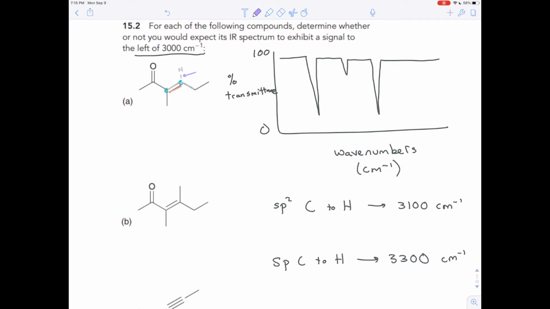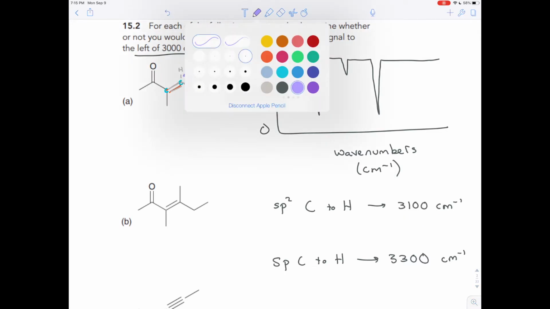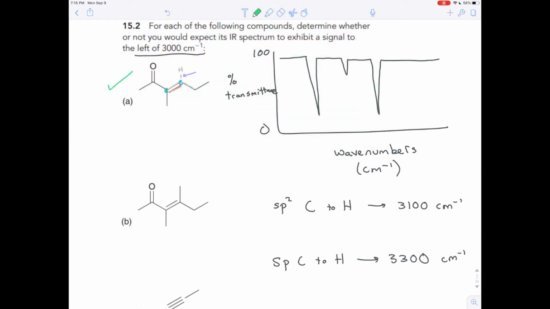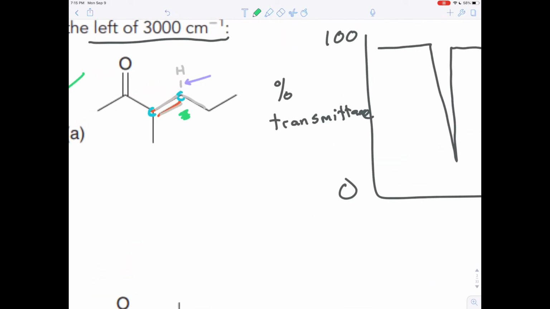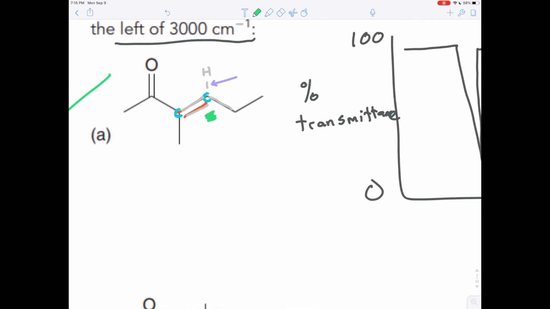So you would expect to see a signal to the left of 3,000 in A, because you have an sp2 hybridized carbon. That's usually a carbon in a double bond that's bonded to hydrogen.